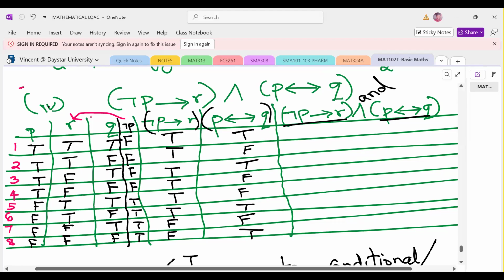When do you expect to get a T value when interpreting this conjunction, this and operation?